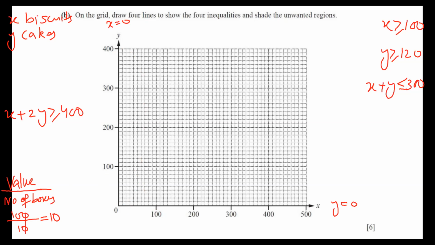So where is 120, above 100? One box above is 110, and then 120 here. So now I'm going to make a line through two boxes above the 100. So let's see how we can make a line. Okay, let's see, a little bit up. No, it's still a little bit not right.